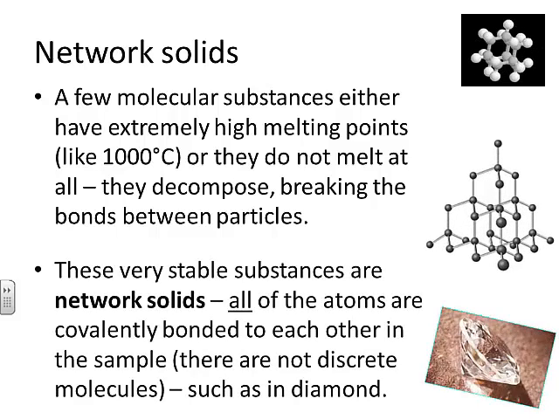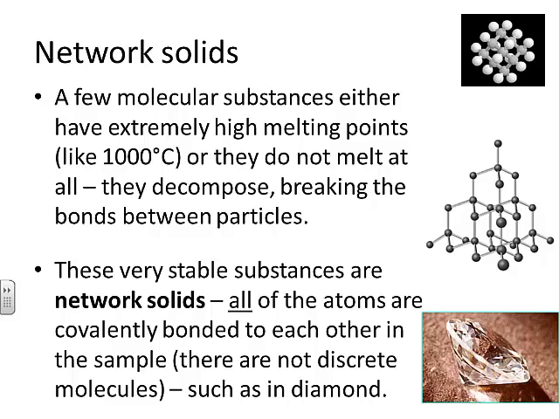Very stable substances may exist as network solids, where all of the atoms are covalently bonded to their neighbors. And there are not individual molecules, there are not discrete particles to identify here. The entire sample, such as this diamond in the lower right-hand corner, consists of one giant molecular solid that is one giant molecule of pure carbon.